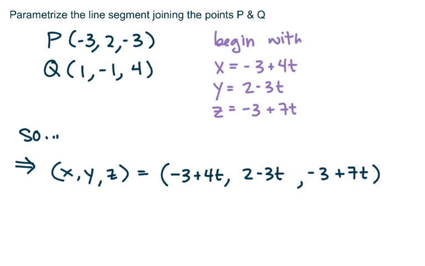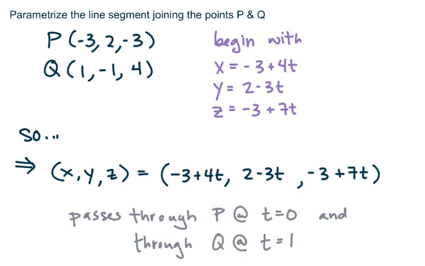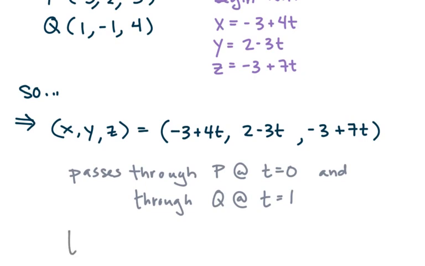at t equals 1. So what this allows us to do is add a restriction on the parameter: t is between 0 and 1.